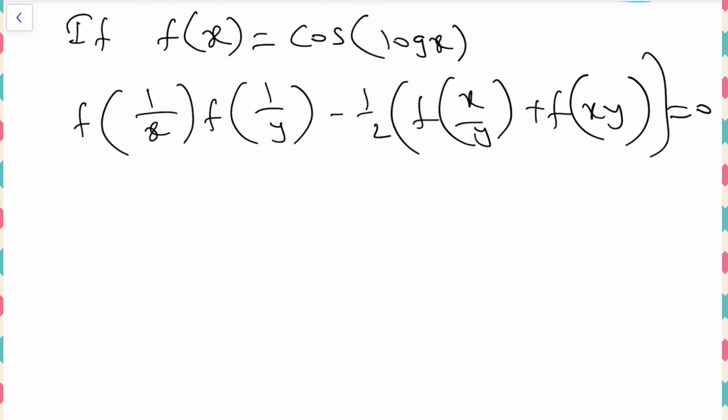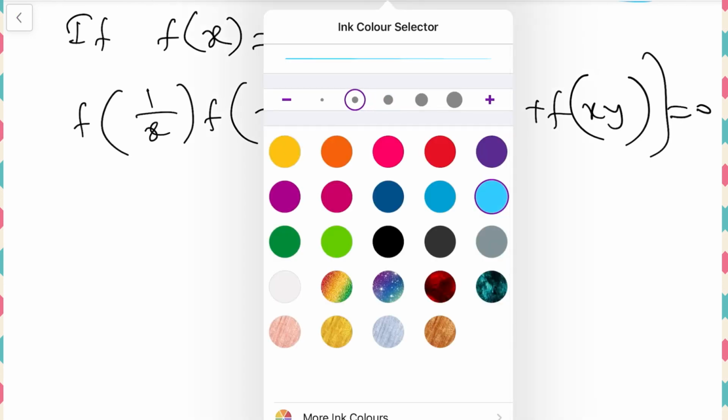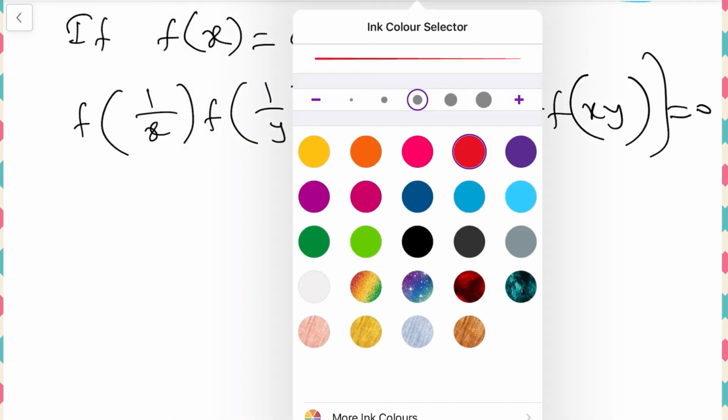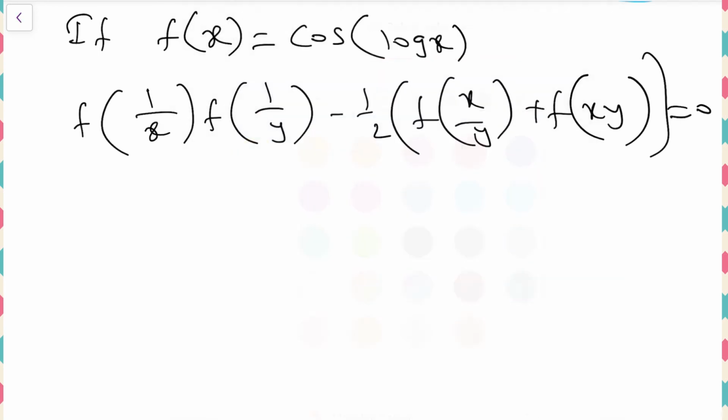I'll reduce the pencil size so that we can write it in a single line completely, because the question is a little bigger and will occupy more space.